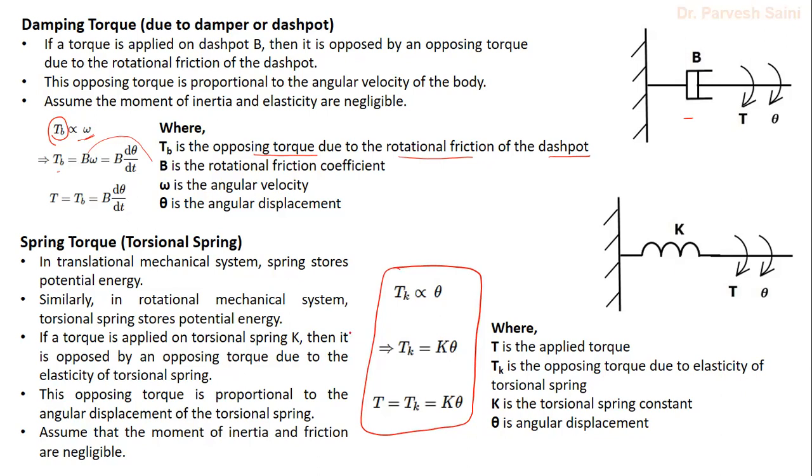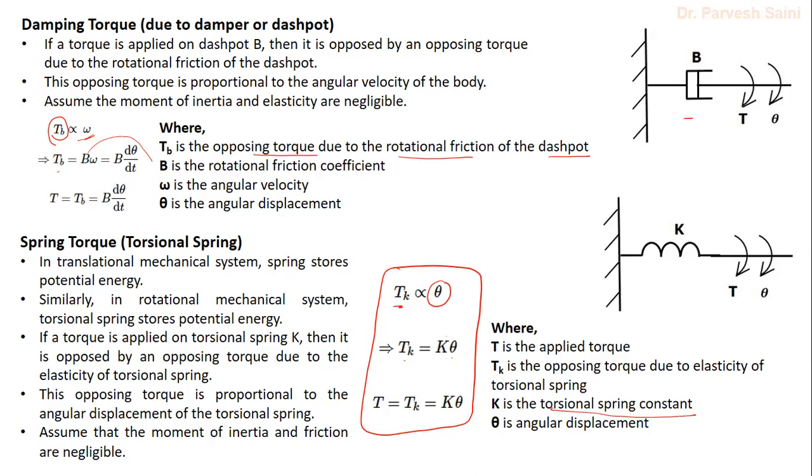When you apply torque on the spring, it is the spring torque that opposes the applied torque, and that torque is proportional to the angular displacement of the spring. So we can take Tk is equal to k theta, where k is the proportionality constant known as the torsional spring constant. So T is equal to Tk is equal to k theta.